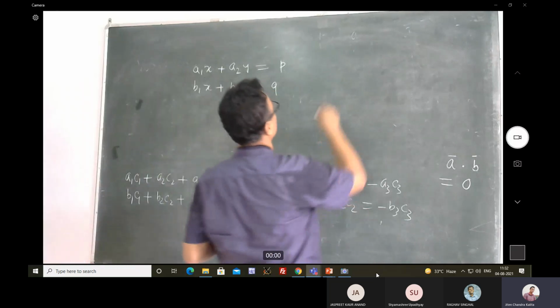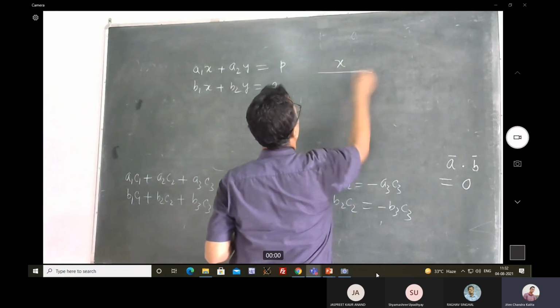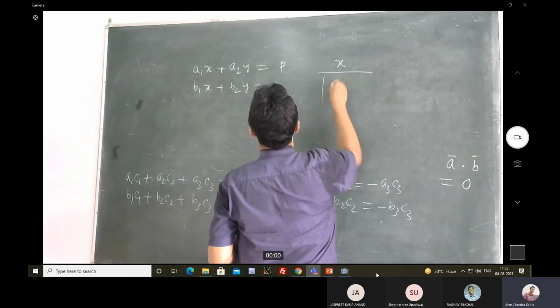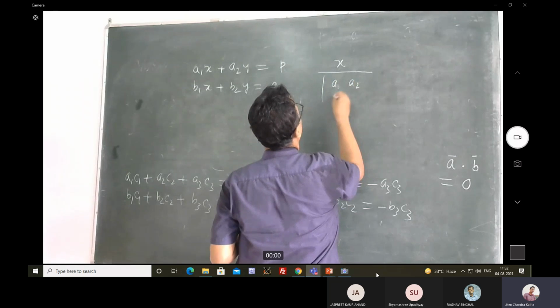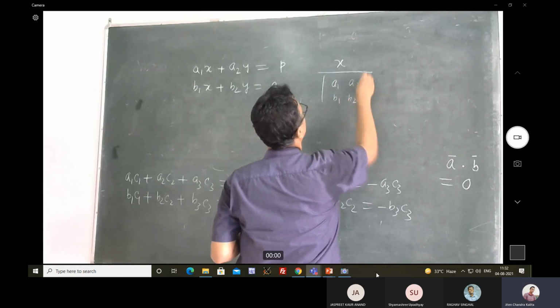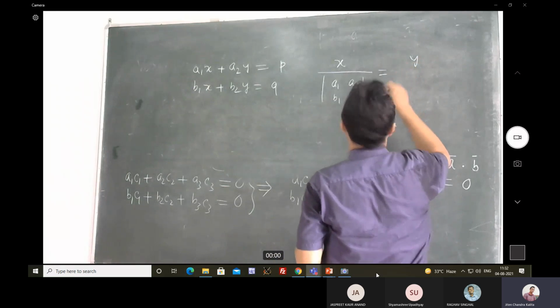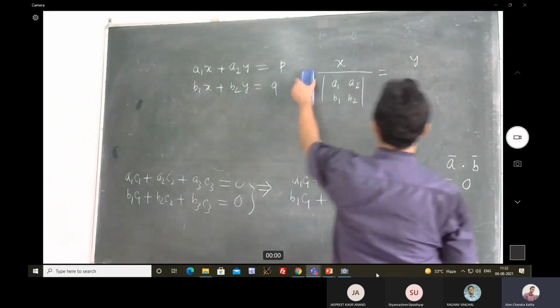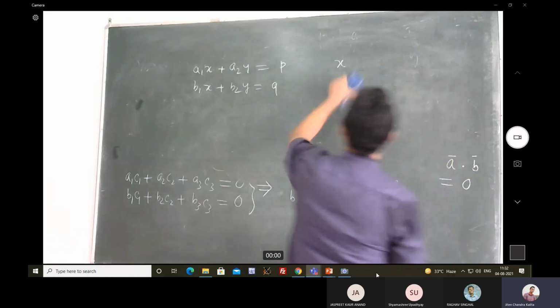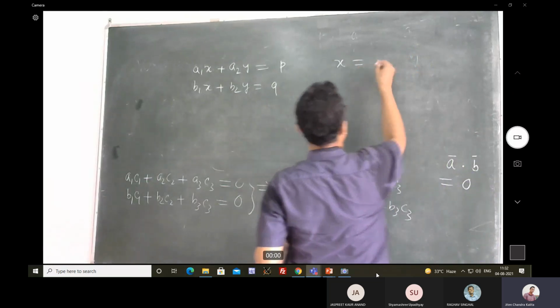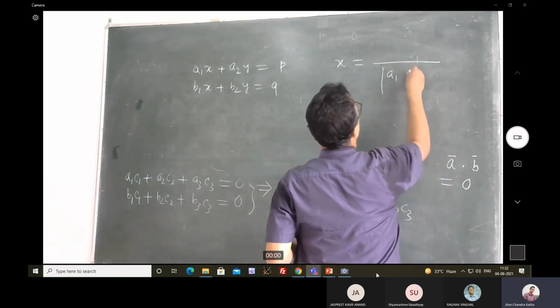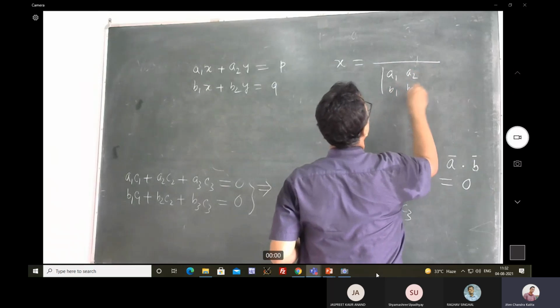So then I have this relation, with the coefficient matrix A1, A2, B1, B2.